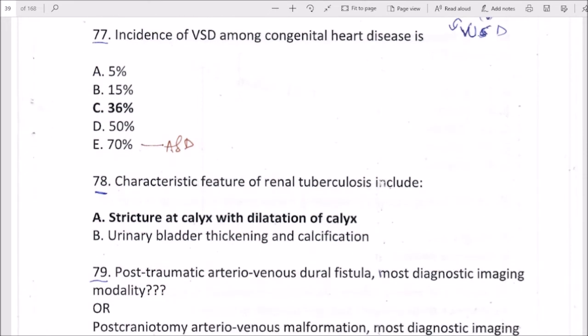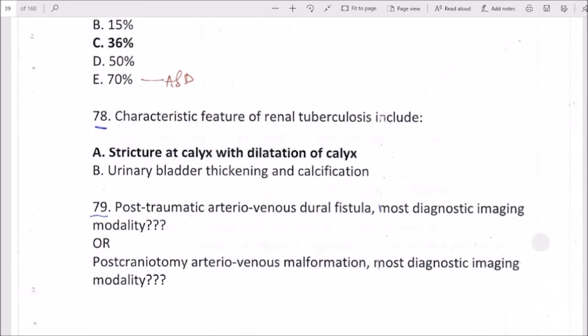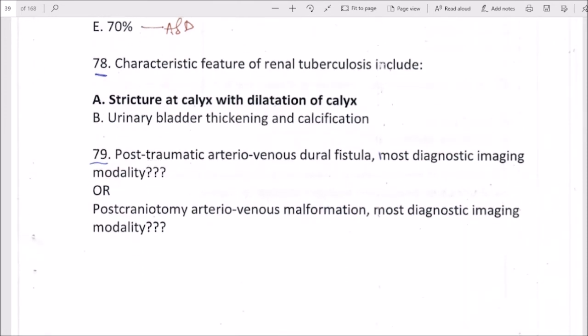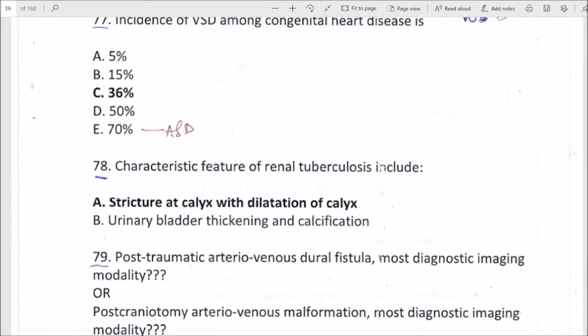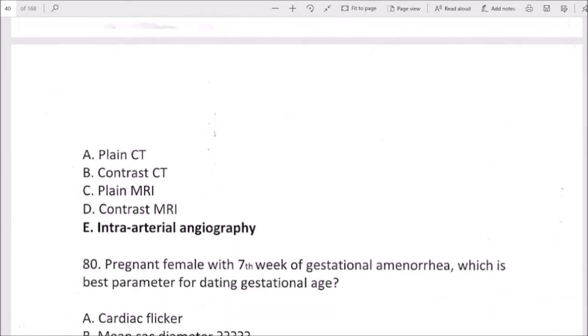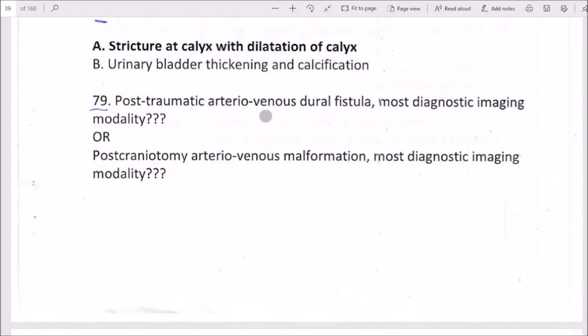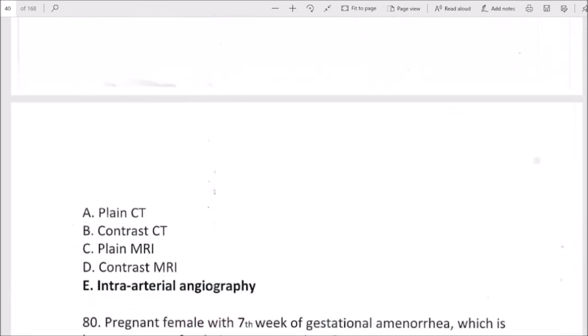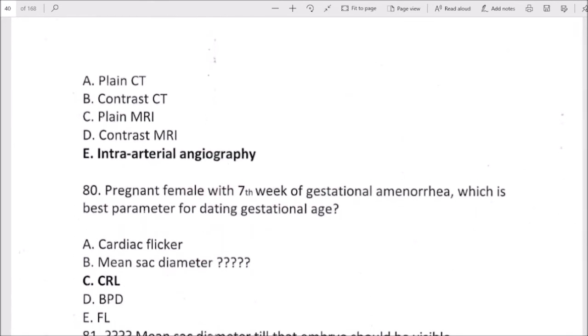Characteristic feature of renal tuberculosis includes clubbed calyx with dilated calyx. 79. Post-traumatic arteriovenous fistula, the most diagnostic imaging modality is intra-arterial angiography.